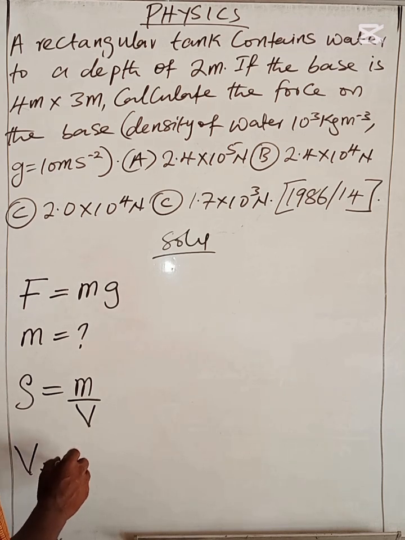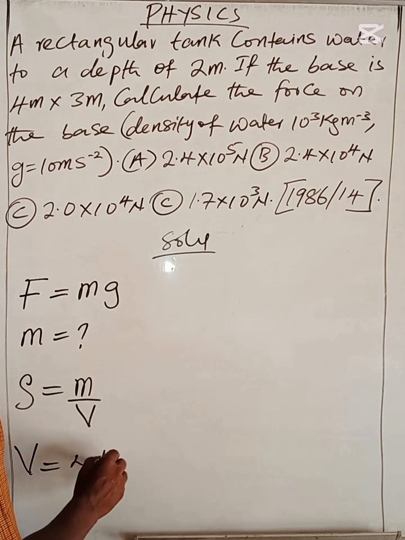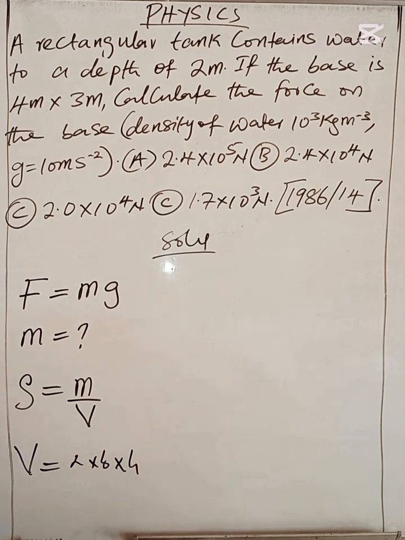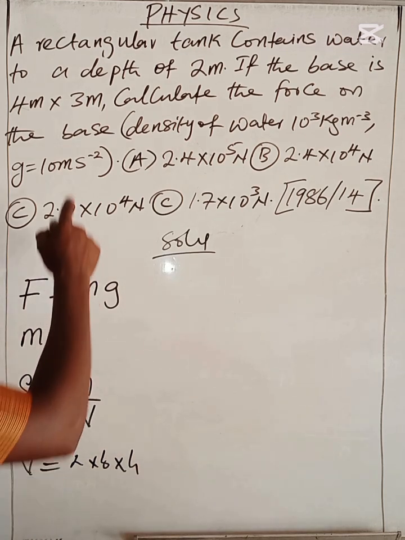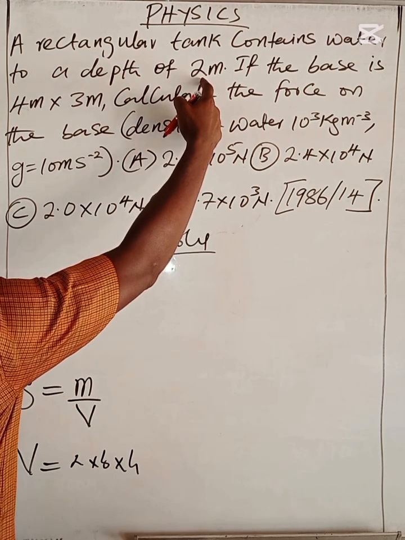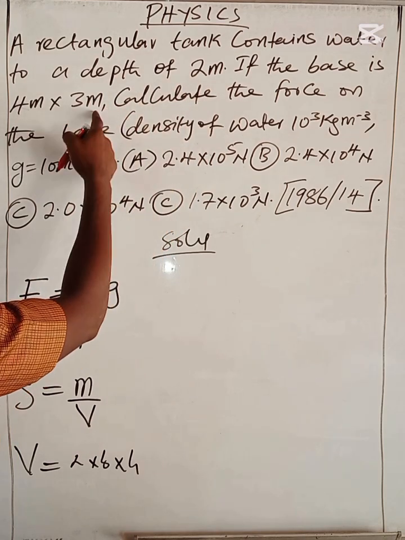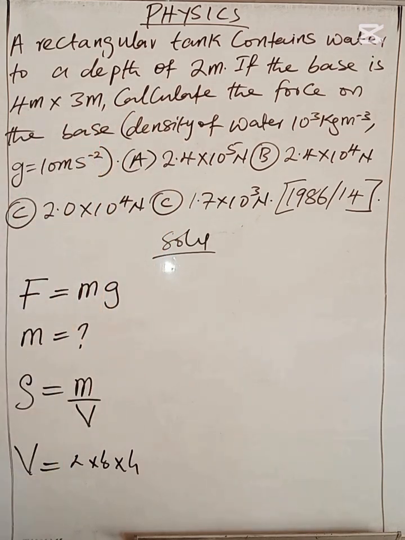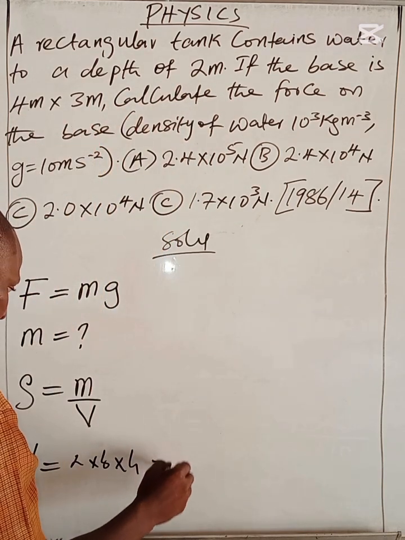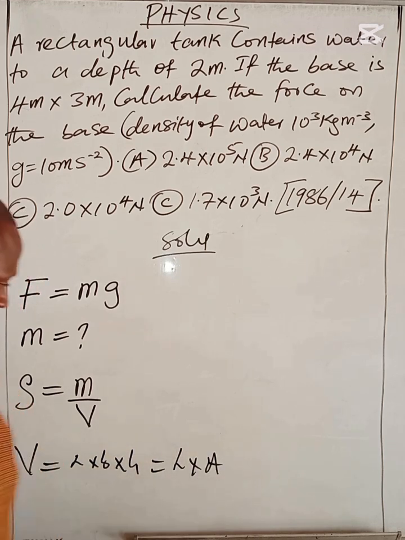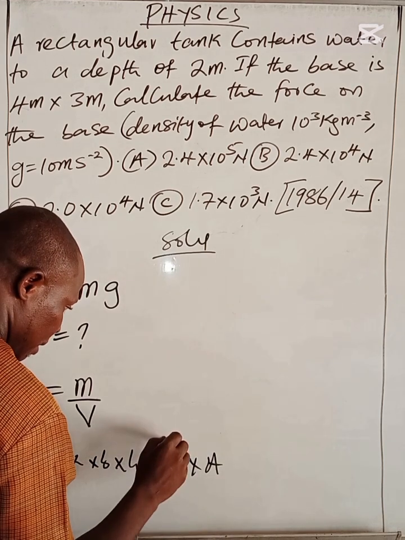Volume equals length times breadth times height. But they gave us the height, and they gave us 4 by 3, which is area. Volume can as well be height times area.